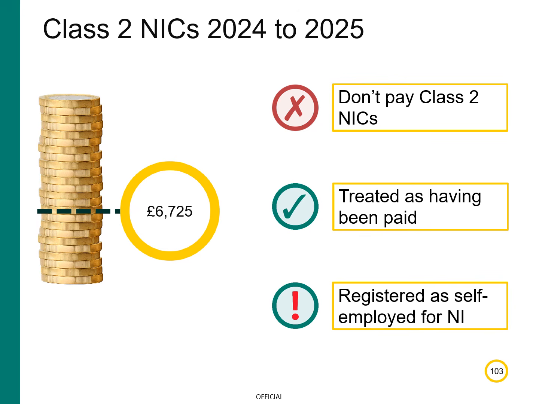If your taxable profits in 2024 to 2025 are at or above the small profits threshold, your contributions are treated as having been paid. You must be registered as self-employed for national insurance purposes for this to happen.